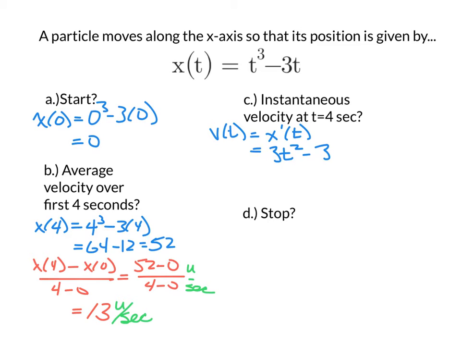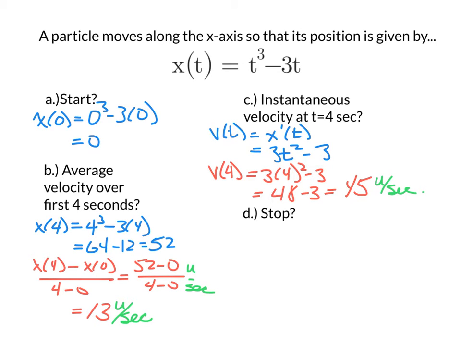Now we can calculate that instantaneous velocity at t equals 4 by just plugging in 4. 3t squared, that'd be 3 times 4 squared minus 3. 3 times 16 is 48. 48 minus 3 is 45. And because we're talking about velocity again, our units are the same as they were in the last part, and that is units per second.